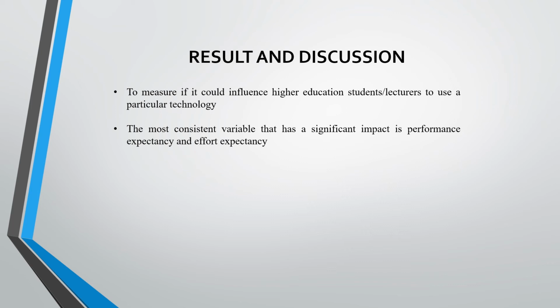The research model focused on the interplay of the following variables: the performance expectancy, effort expectancy, social influence, and facilitating condition towards using technology and the actual use of technology in higher education.